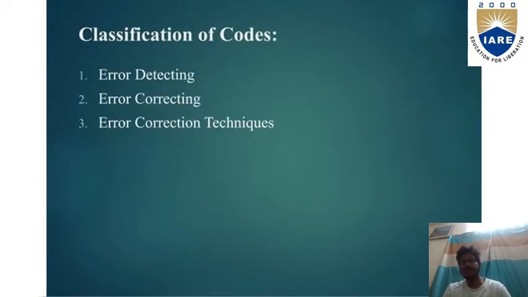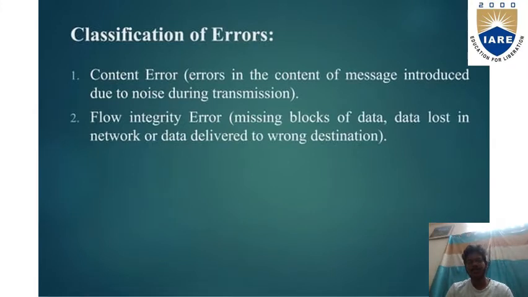Now there are classifications of codes. The first one is error detecting, the second one is error correcting, and the third one is error correction techniques. The classification of errors: the first one is content error, errors in the content of the message introduced due to noise during transmission.